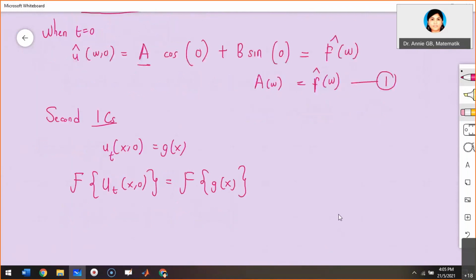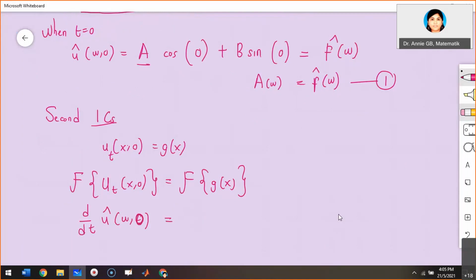Okay, now u_t ni kita tak apply Fourier transform with respect to t kan, we only apply to x. So this will be d over dt u hat (omega, t), t saya 0 lah. Okay, so ia sama dengan g respect to x will be g hat omega.